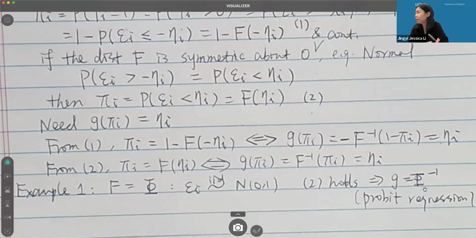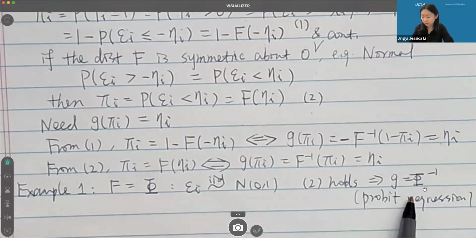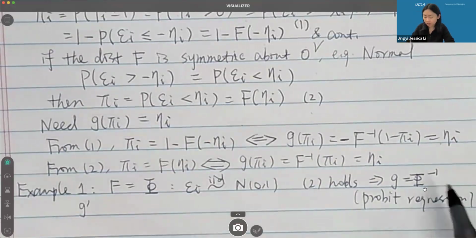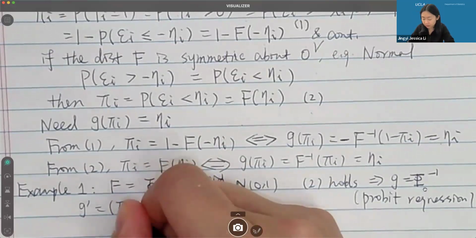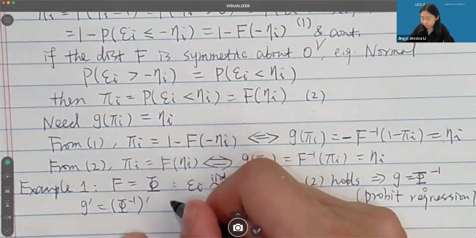That's what we covered a few lectures back. That also gives logistic regression an advantage from using the canonical link function. Because remember, for the optimization, we need G prime. In this case, the G prime will be the inverse CDF prime, and this is difficult to compute.